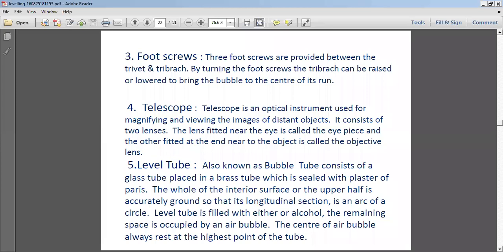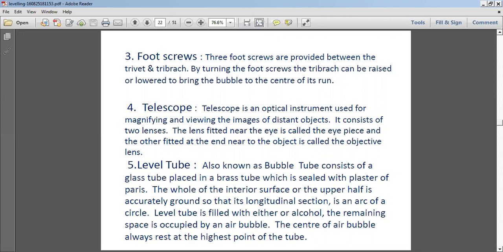Again, foot screws. I already discussed how to use them. First, we place the telescope parallel to two foot screws, then perpendicular to the third. The telescope has an eyepiece and an objective, which we use to take the reading on the staff.